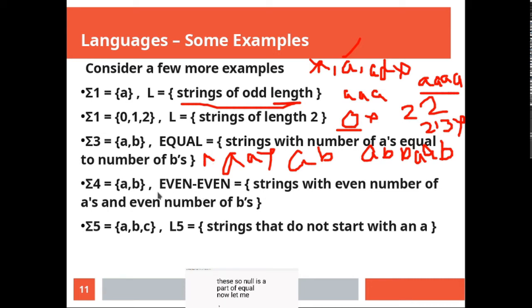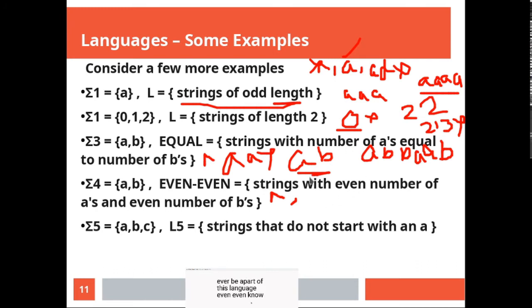Now let me talk about another language, which is even. A string with an even number of A's and an even number of B's. So again null will form a part of this language. Why? 0 A's and 0 B's, and we know that 0 is even. And what about AB? Will AB be a part of this language even?